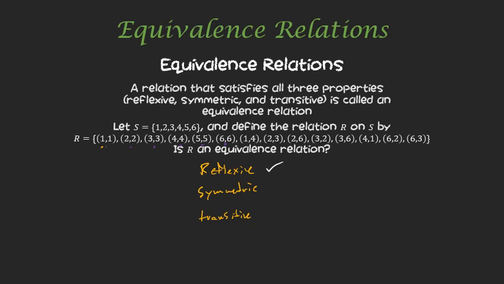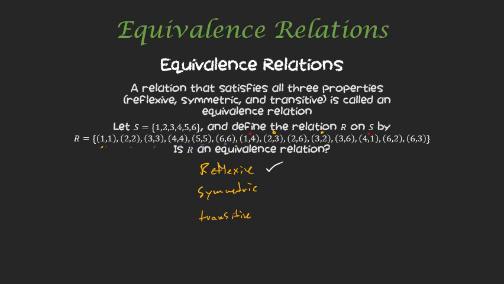So 1 is related to 4. I need to check now that 4 is related to 1. And it is. I can find that right there. 4 is also related to 1. 2 is related to 3, so if it is symmetric, 3 better be related to 2. And it is.